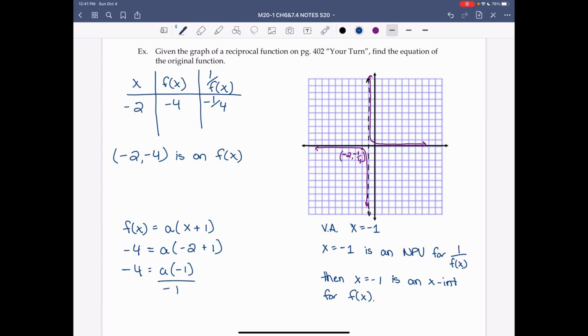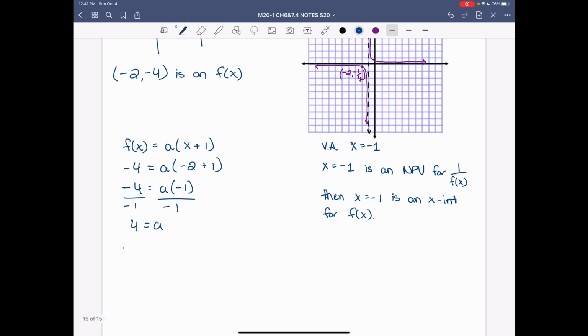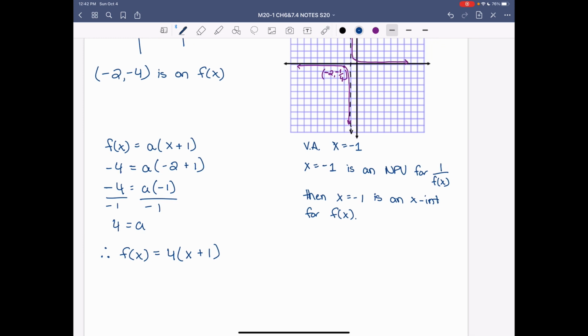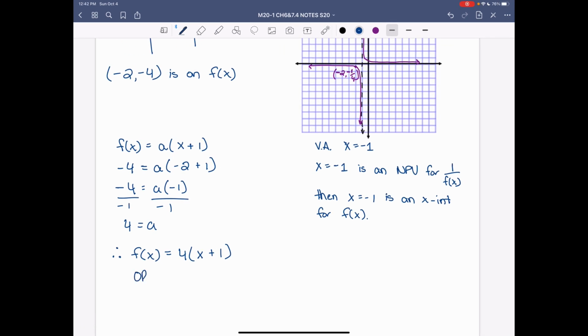Divide by -1. We get 4 is equal to a. Therefore, our function f of x would be 4 times x plus 1, or f of x equals 4x plus 4.